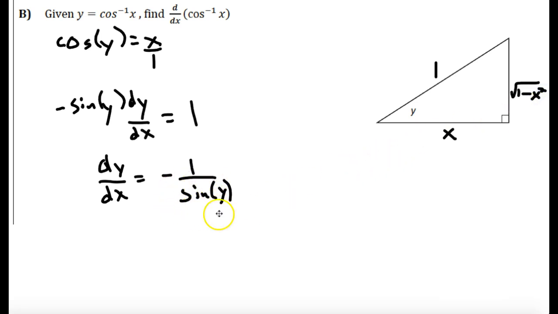So sine of y then is opposite over hypotenuse, so the square root of 1 minus x squared over 1. And we end up with our derivative being the exact same thing as the inverse sine of y, just negative. So we get negative 1 over the square root of 1 minus x squared.